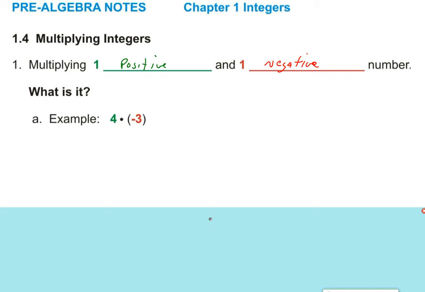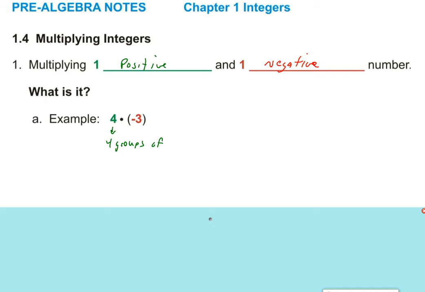So I want you to take your green, and under the 4, write 4 groups. 4 groups of, and in this case, we have negative 3, right?